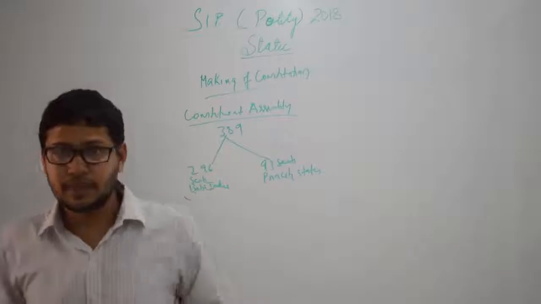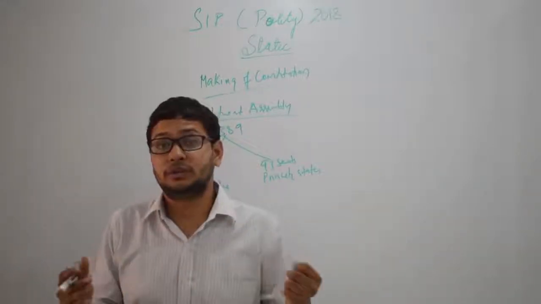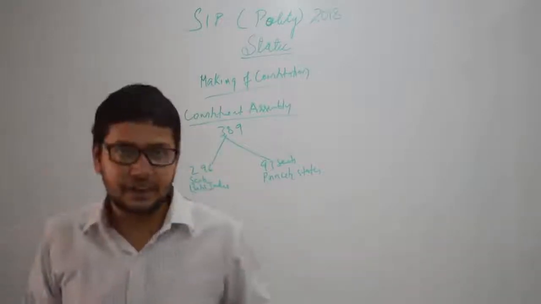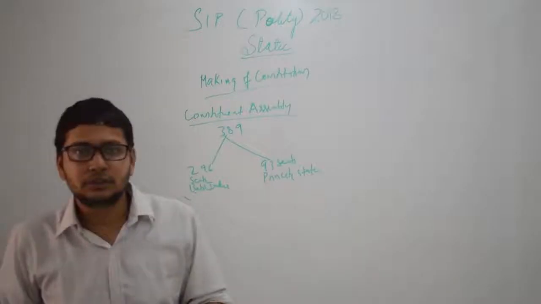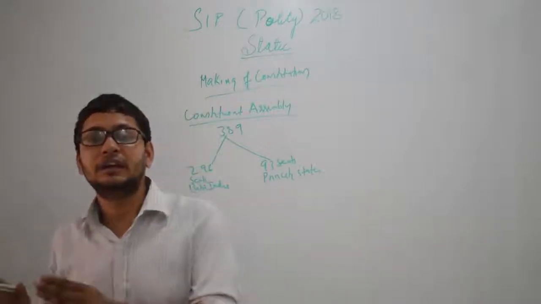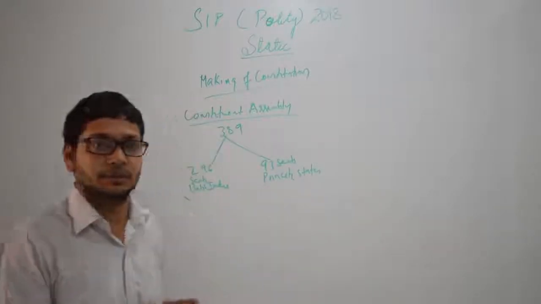So if a question comes in UPSC which says that members of Constituent Assembly were directly elected, that's wrong. They were indirectly elected by the members of the Provincial Assembly, and the method was the same as we have in the Rajya Sabha. It was based on the single transferable vote system.